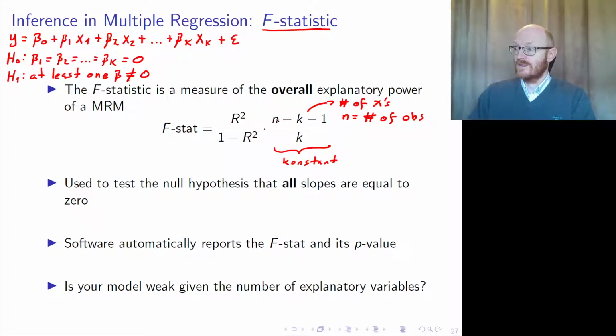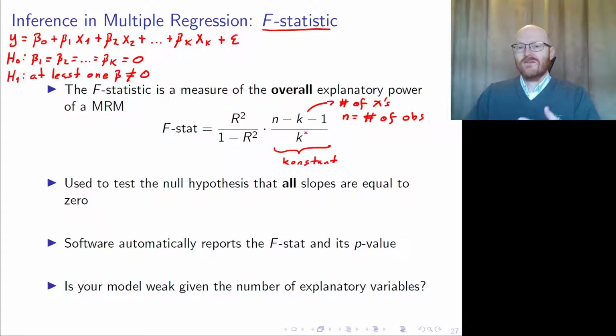You know how many observations you have. You know how many x variables you have, your explanatory variables. So this is really a constant.